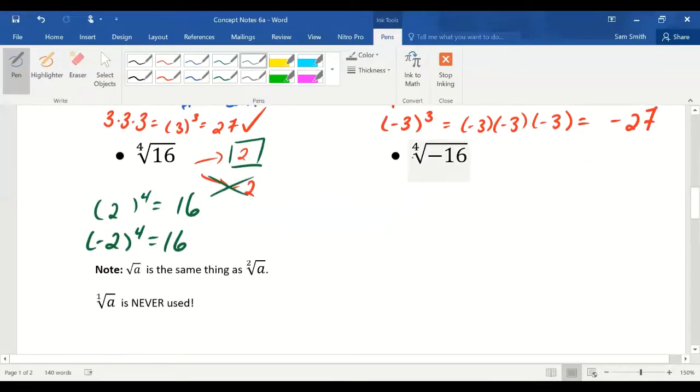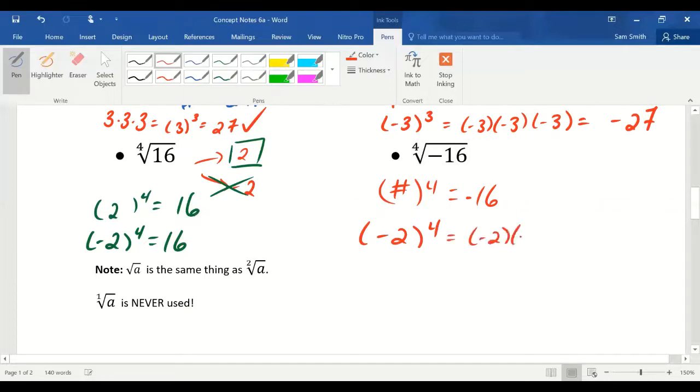All right, final example. Let's consider the 4th root of negative 16. Can I think of a number whose 4th power is negative 16? Now, my first inclination is to try maybe negative 2, because I remember that positive 2 to the 4th power was positive 16. So maybe negative 2 to the 4th power would be negative 16.